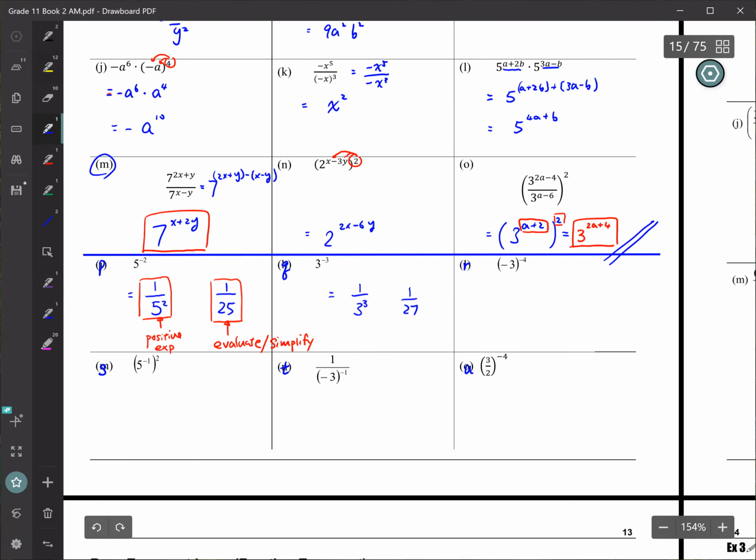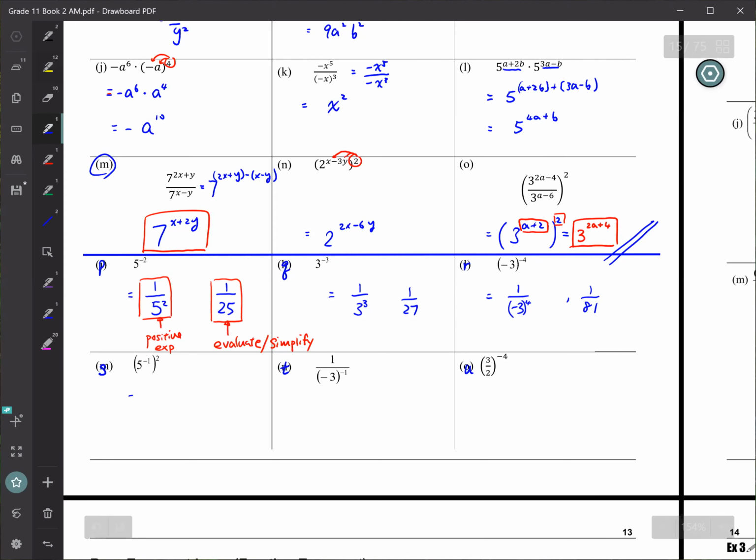Okay. And Nathan, how about R? 1 over, is it -3 to the 4? Yeah, to the 4. Remember, you need to keep brackets. And if they say simplify or evaluate, then it will be 1 over 81.